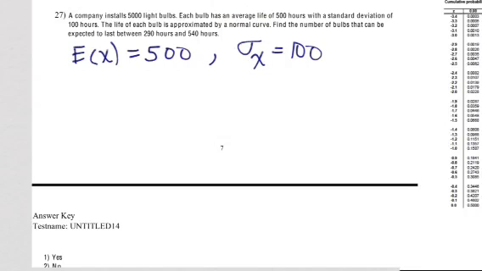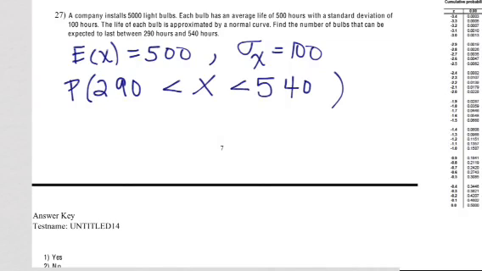Okay, so we can't look at all these bulbs together. We have to first find the probability that an individual bulb, which is what X is representing, lasts between 290 and 540 hours. And then we'll deal with the 5,000 at the end. So once again, these are normally distributed with an expected value of 500 and a standard deviation of 100. So now we need to standardize again, by subtracting the mean and dividing by the standard deviation from each part of this inequality.